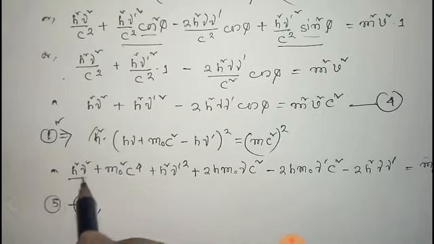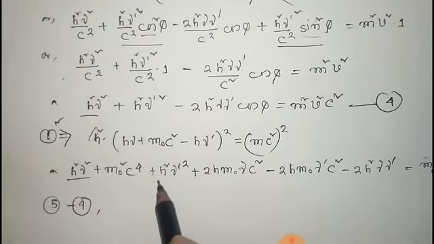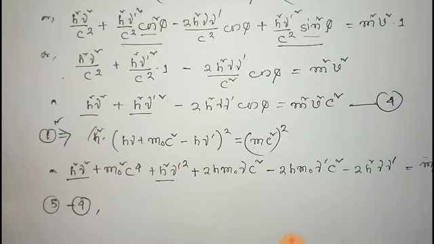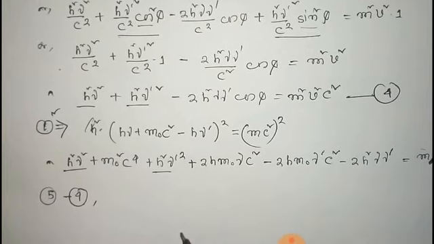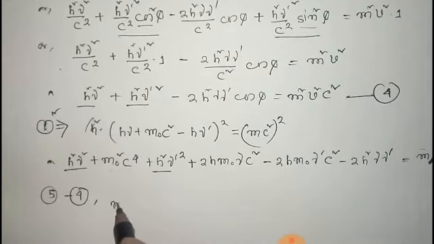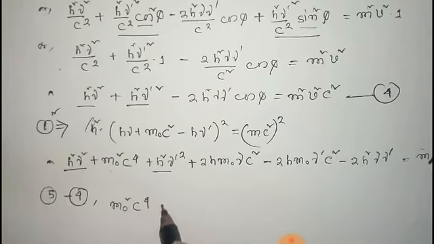After the 5 minus 4 operation, this term and this term cancel out, and the remaining term is m naught square c to the 4.